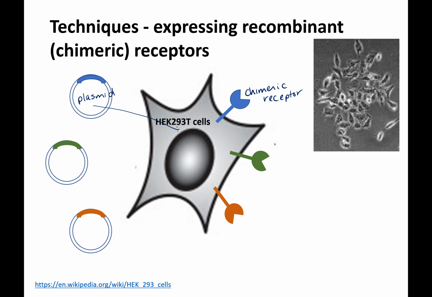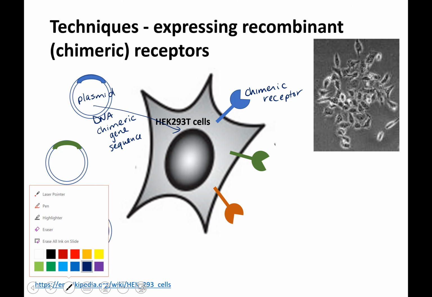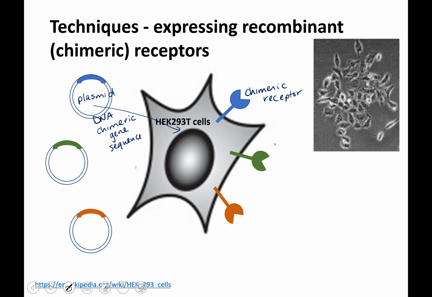So you take the plasmid, this is the DNA that has our chimeric gene sequence. And the process of getting the plasmid into a cell is called transfection.